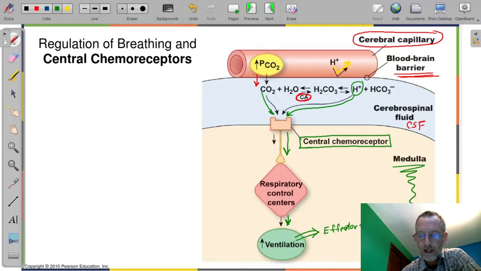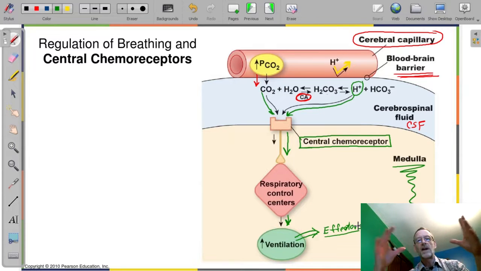So how do we increase ventilation? How do we get more air in and out of the lungs? Well, you have to expand and contract the rib cage to do that. So the effectors are those respiratory muscles.